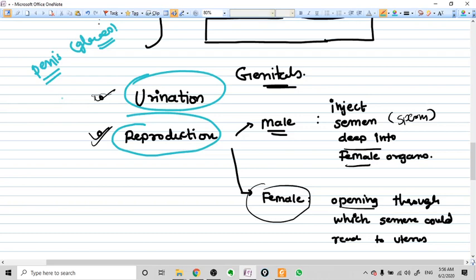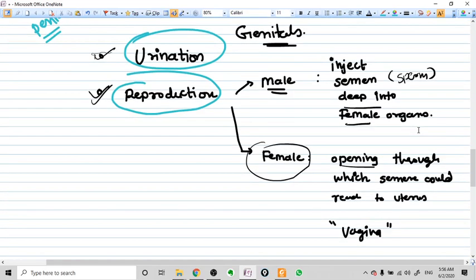But if we talk about reproduction, in case of male, we need to inject the sperms, which are the reproductive cells of the male, deep into the female genital organs, that is the uterus, where they can meet their female part like the ovum.